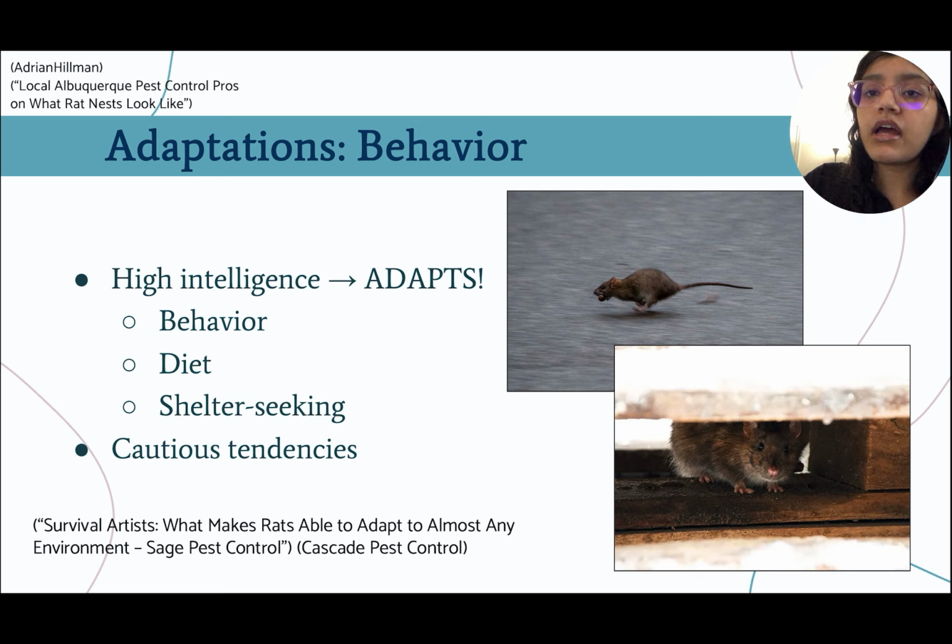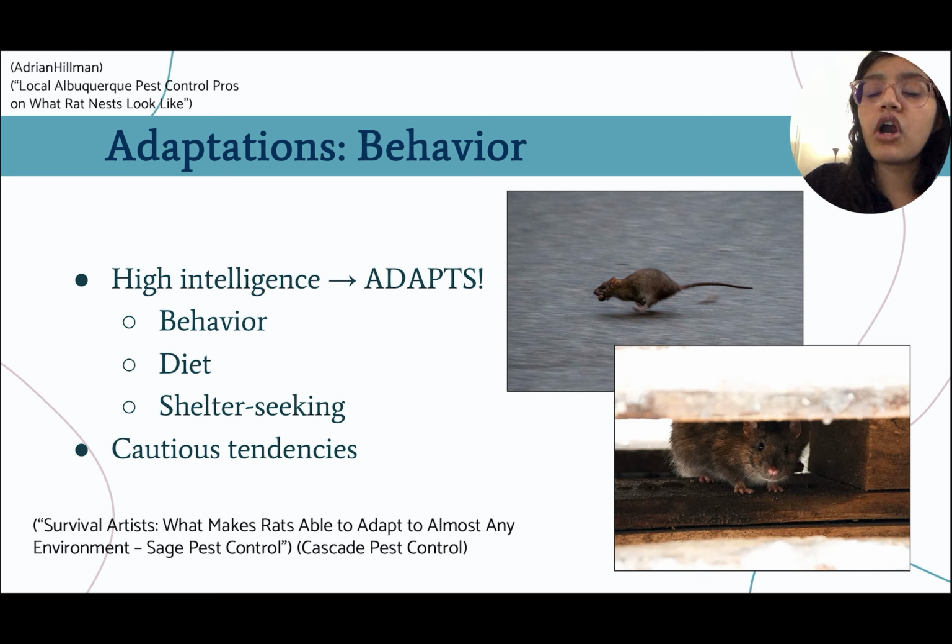A behavioral adaptation that they have is high intelligence, which is actually the reason why Norway rats can be found anywhere across the world, because they're able to adapt to any environment that they need. They can change their behavior, their diet, and where they seek to find shelter.